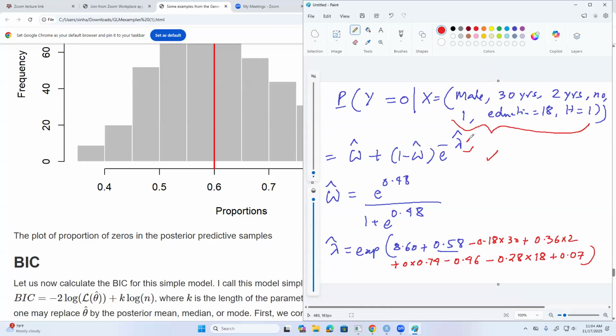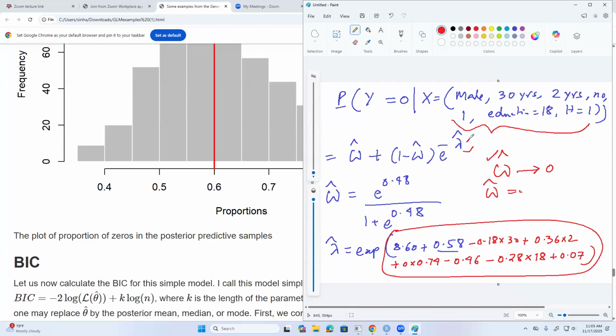All these parameter estimates are from the zero inflated model part. And another thing is, you said if this omega hat goes to 0, then your model goes to the Poisson model. Yes, absolutely. If it turned out that omega hat is very small, like 0.01 or something, then it turned out to be your Poisson model. Did I answer your question?